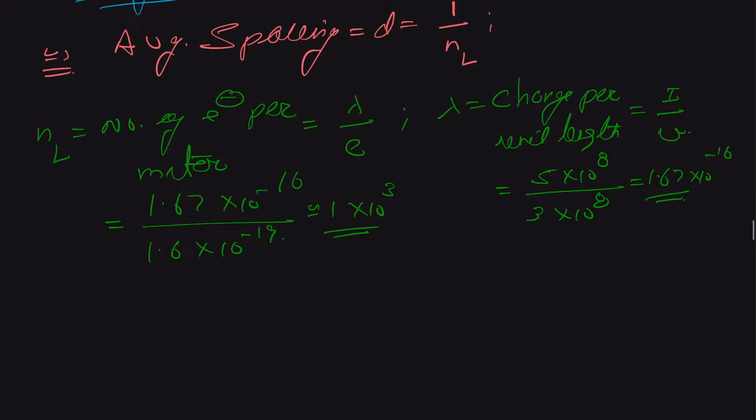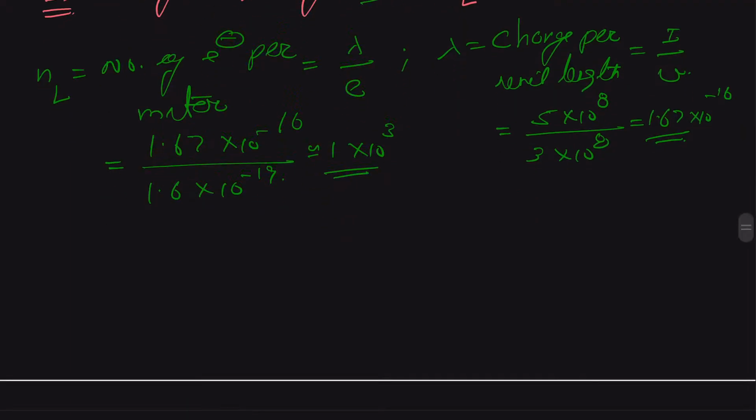Then d equals 1 upon 1 into 10 to the power 3, approximately 10 to the power minus 3, or 1 millimeter.